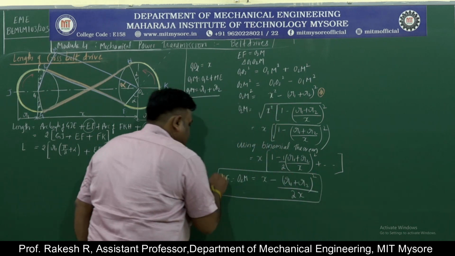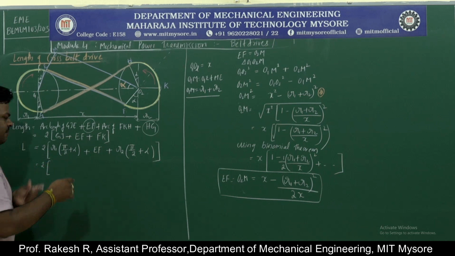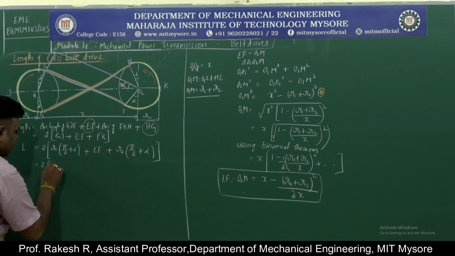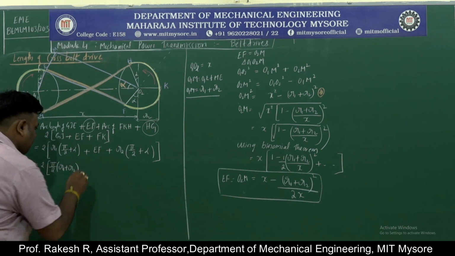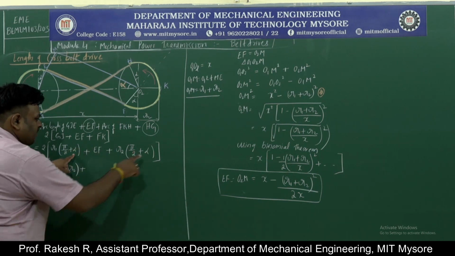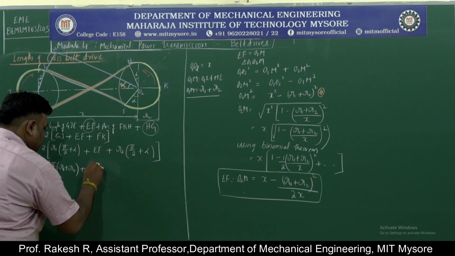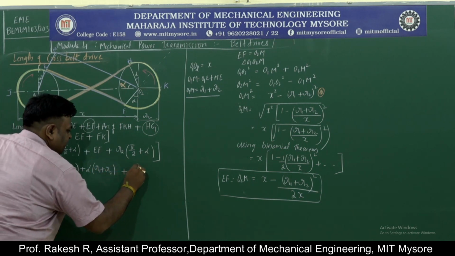Then I will substitute this value in length equation. So 2 into, again, here also you can take it common, pi by 2. Pi by 2, if you take common, pi by 2 (R1 plus R2). Got it? Then alpha plus, if you take alpha common here, alpha (R1 plus R2) plus EF.